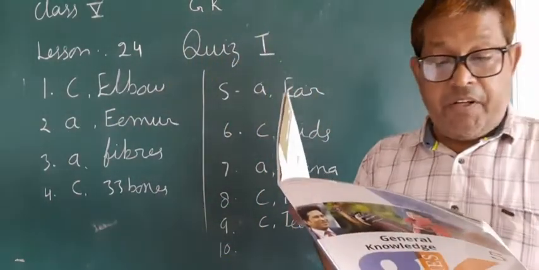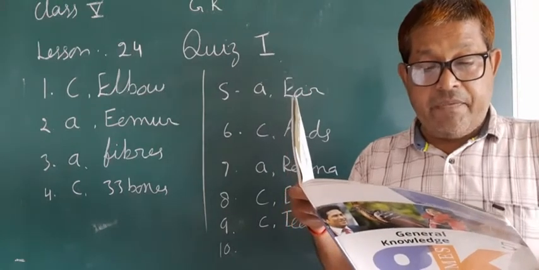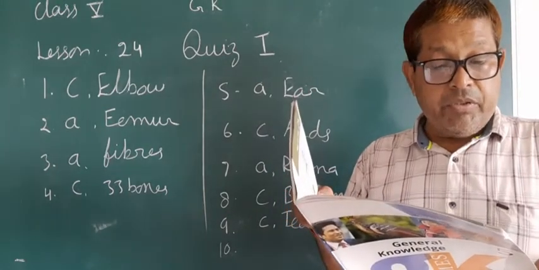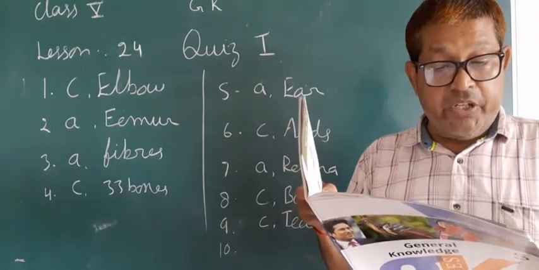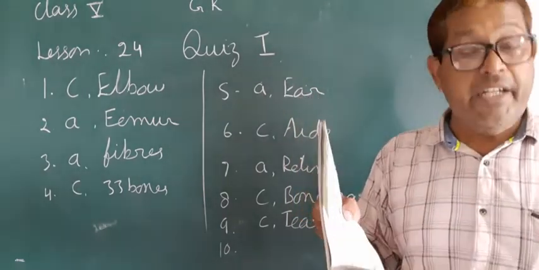And tenth, which among the following acids is found in our body? Hydrochloric acid, sulfuric acid, and nitric acid.